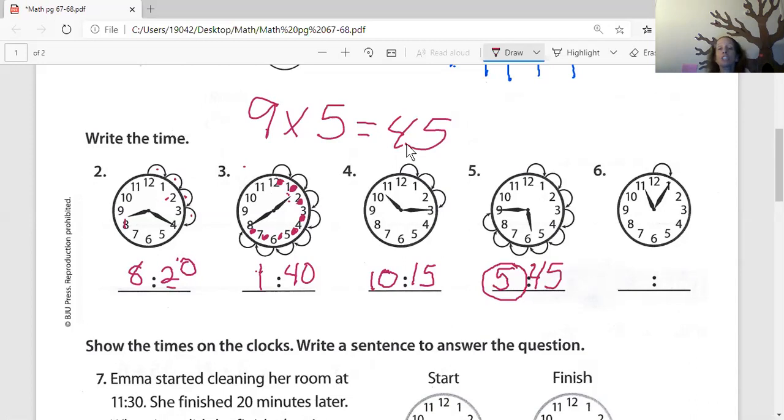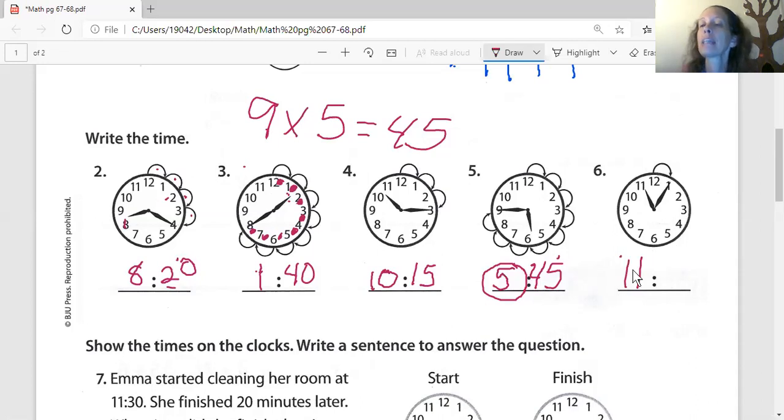And Austin. Number 6 is what time? Try again. Look for which one is short. Look for the shorthand. What is the shorthand pointing to? 11. So that's your hour. It's after 11, so 11 is your hour. And what is the minute hand pointing to?